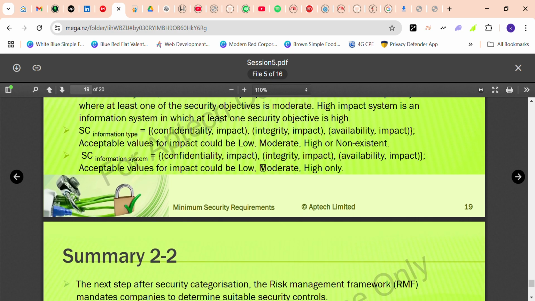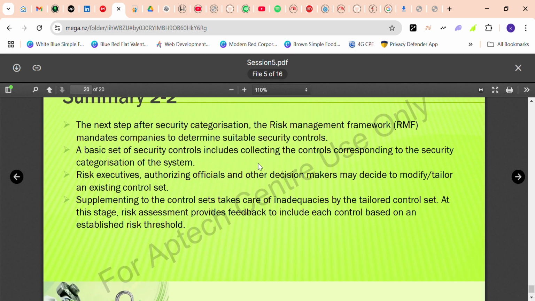We also talked about the next step after security categorization, where the risk management framework mandates companies to determine suitable security controls, and we also have a basic set of security controls that include selecting the controls, responding to the security categorization of the system.